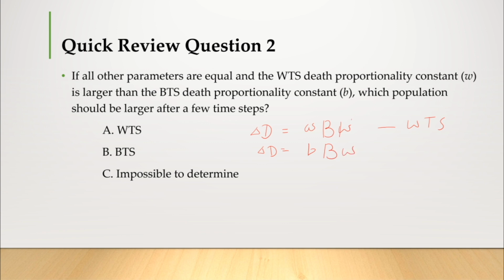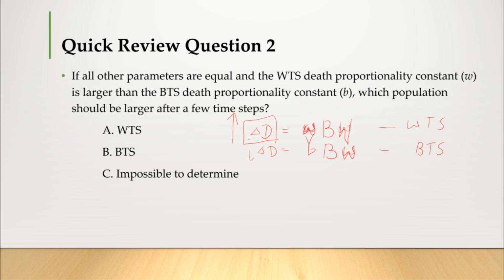This is the big W, obviously, and this is for the BTS, right? They're saying this one is bigger, this one is smaller. If this is the same value and this one is bigger, that means if this small w constant is big, the deaths are higher, right? So this guy is dying more, this guy is dying less.